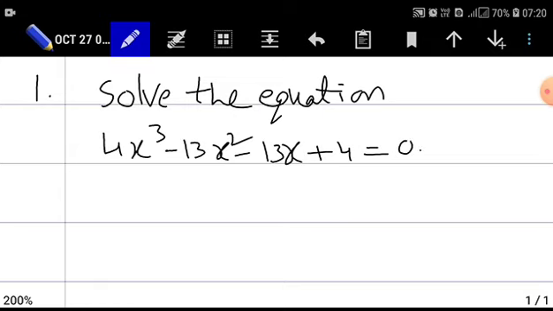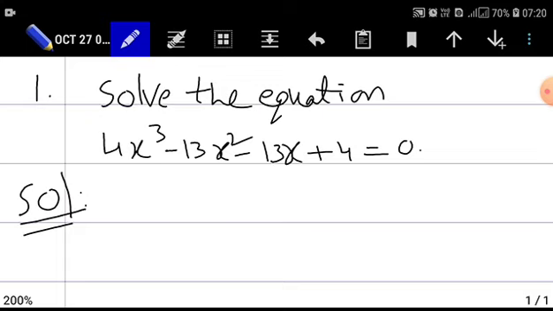For this, the order of the equation is 3, and so the total number of roots will be 3. We are going to get 3 roots because the highest order of this given equation is 3. Order of the equation is 3. So we are going to get 3 values for this.